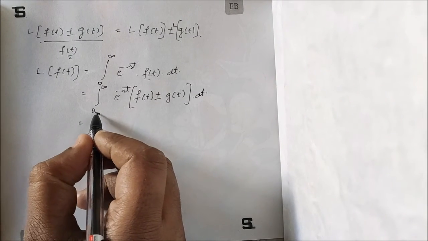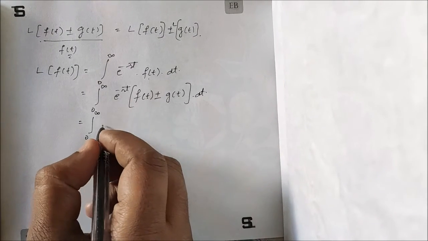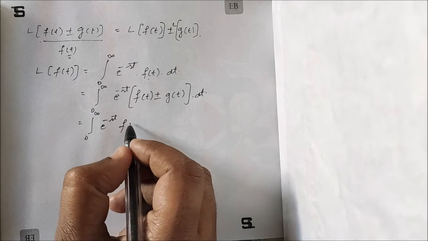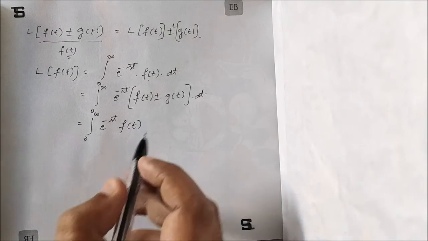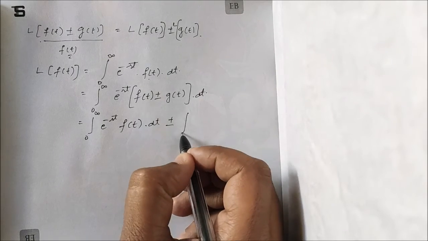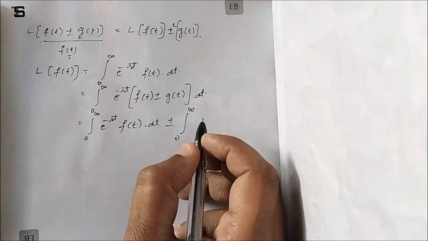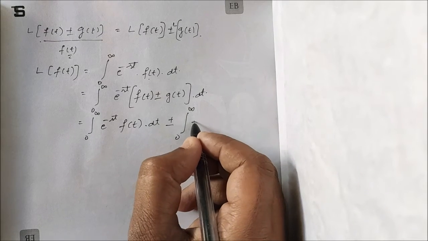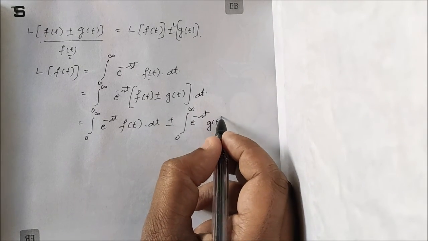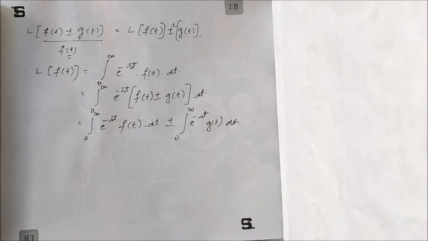Integration from 0 to infinity e to the power of minus st into f of t dt plus or minus integration from 0 to infinity, multiplying these two terms with this, plus or minus e to the power of minus st g of t dt.